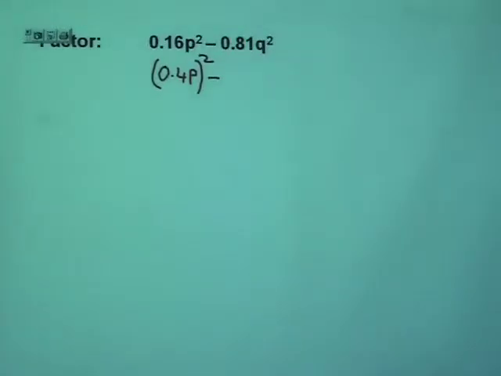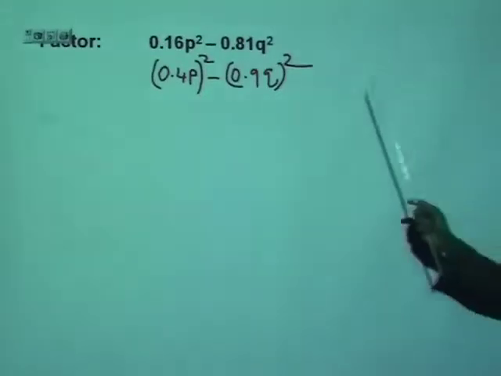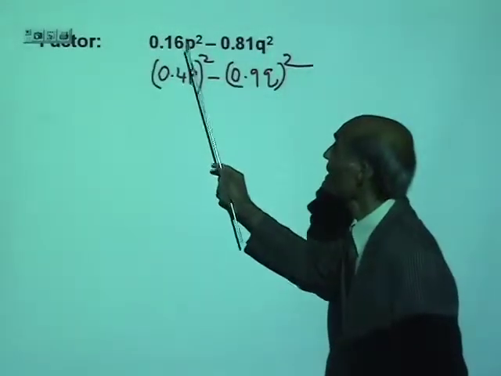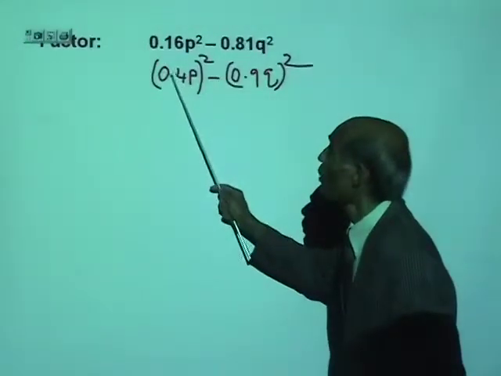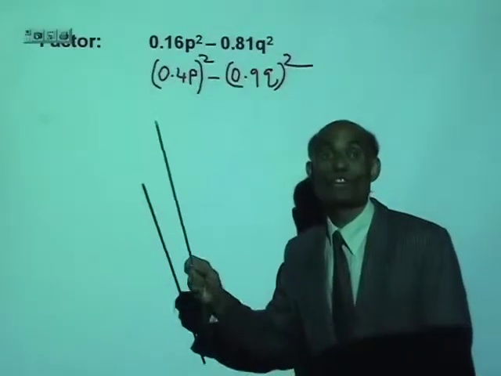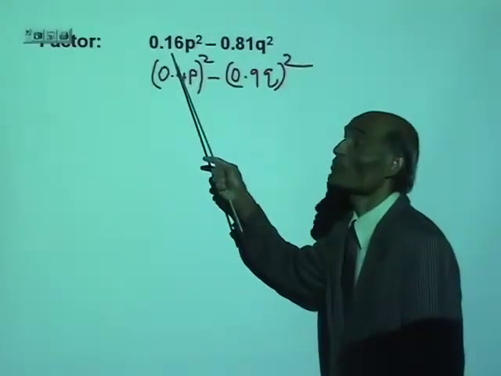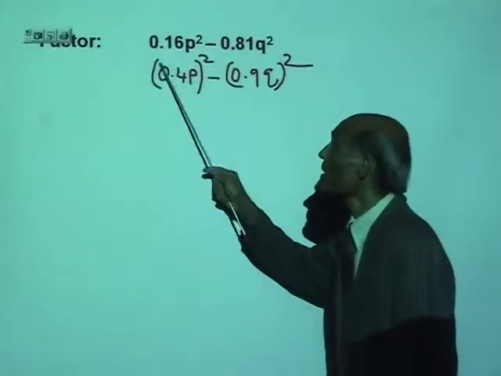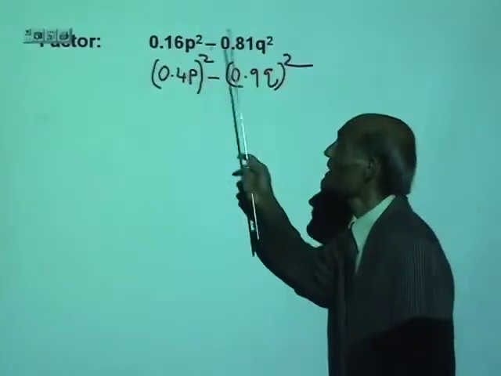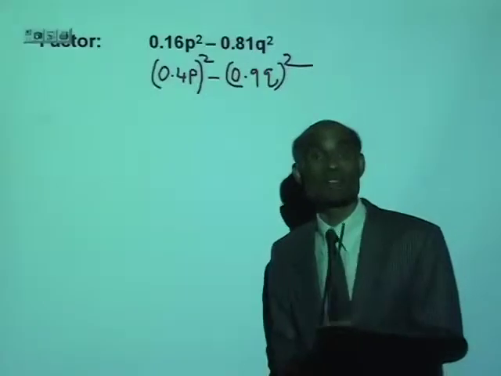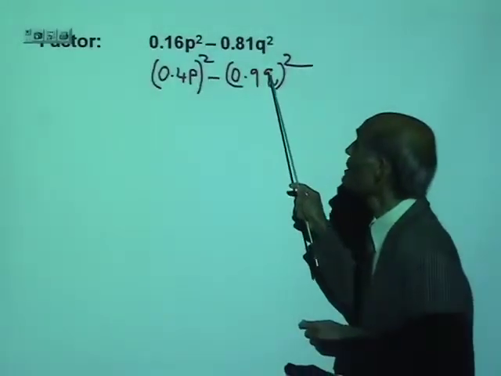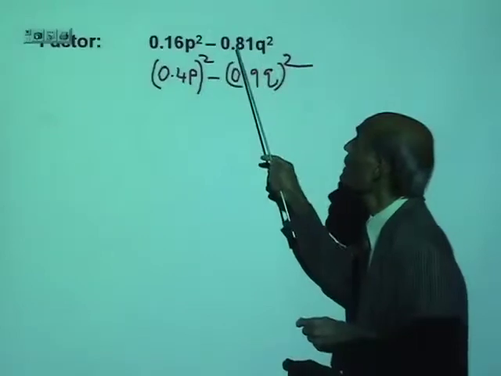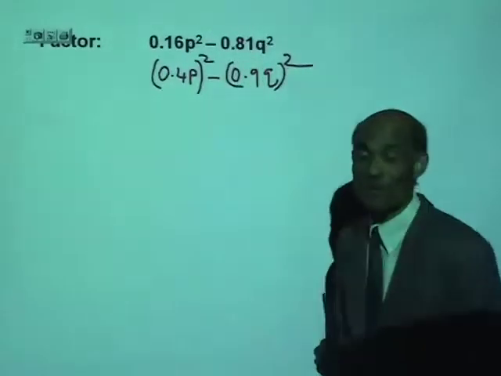And 0.81 is actually the square of 0.9. 0.4 times 0.4 is 0.16, so 0.4p raised to the power of 2 is the same as 0.16p squared. In the same way, 0.9q raised to the power of 2 is 0.81q squared.